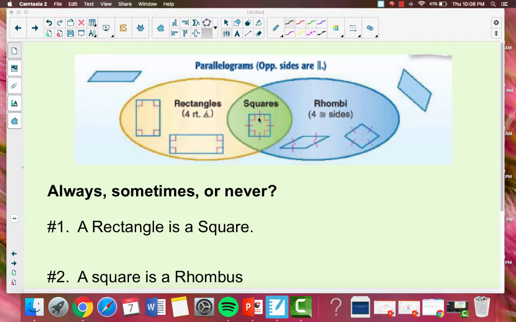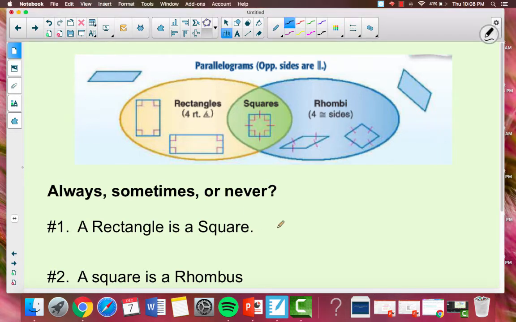But a rectangle doesn't have to have four congruent sides. It can just specifically have four right angles. So this is one that's going to be a sometimes answer, because sometimes it's going to be a square with four congruent sides, but sometimes it won't have four congruent sides. It may only have opposite sides that are congruent, like this. So it applies to both because they can be within the same oval. Sometimes here, but sometimes on the outside.